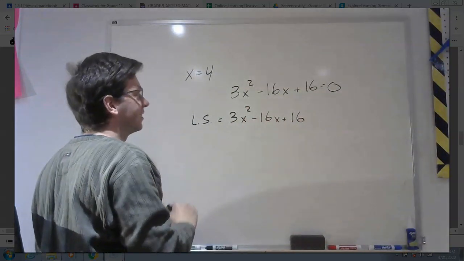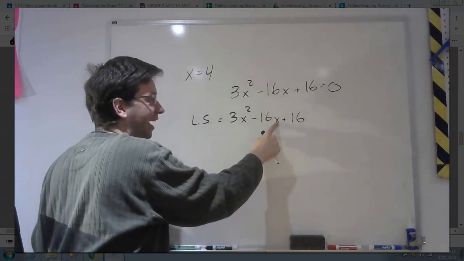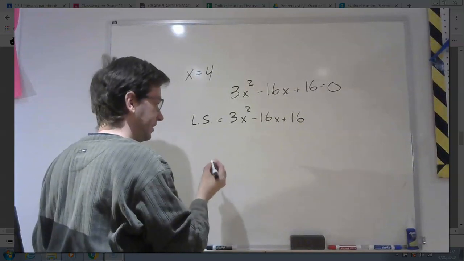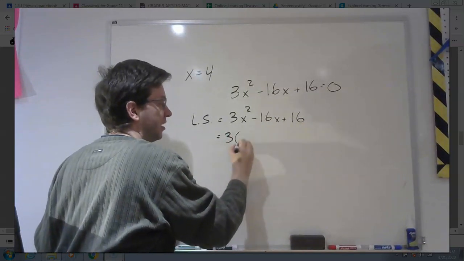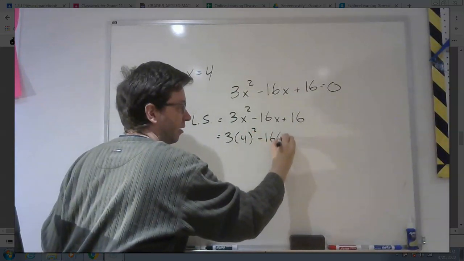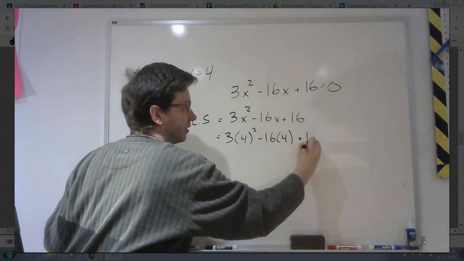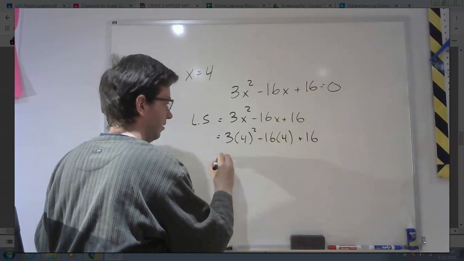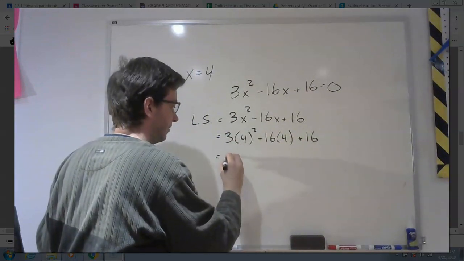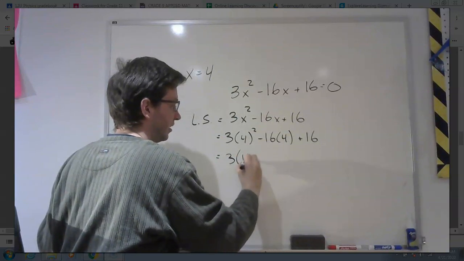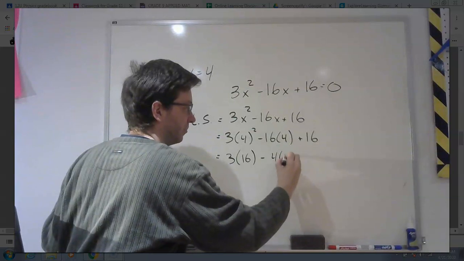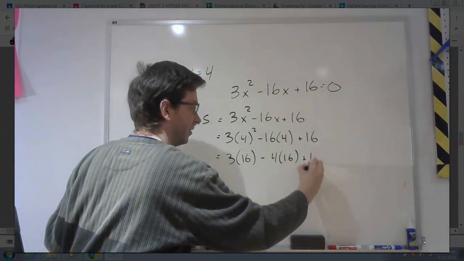So the question is, if I substitute 4 in for x, will this equal 0? Let's test it. 3 times 4 squared minus 16 times 4 plus 16.